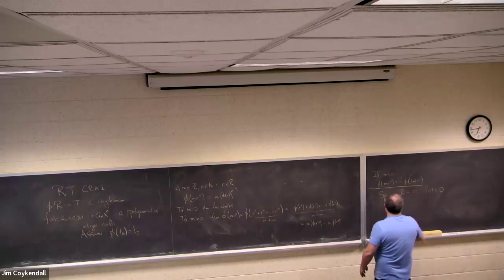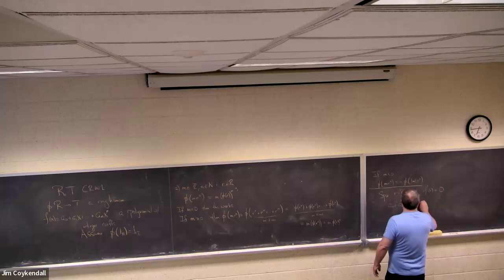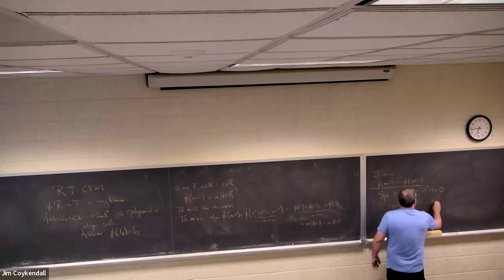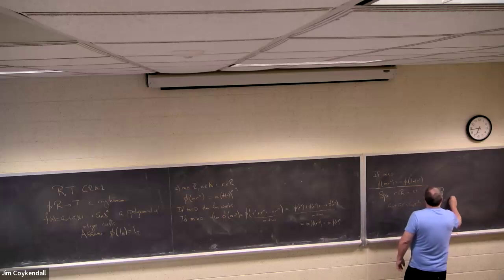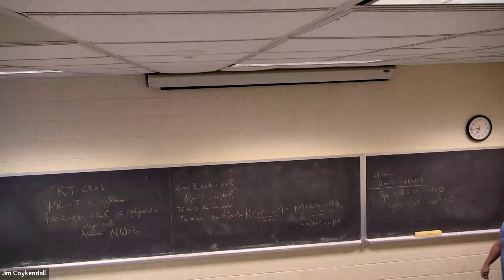This means a0 plus a1 r plus a2 r squared plus ... plus an r^n is equal to 0. Correct. Now apply phi to this.